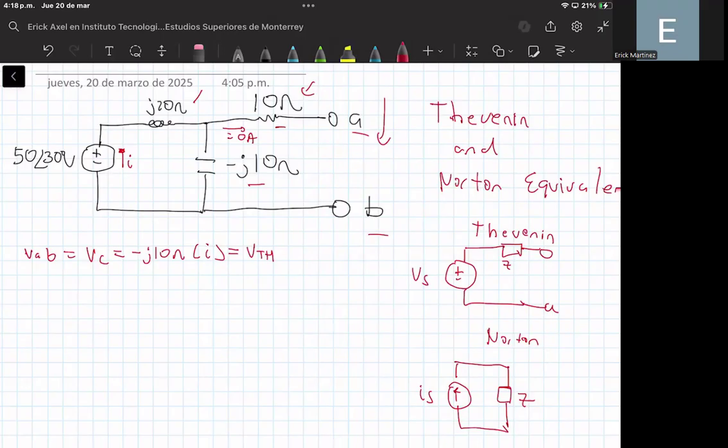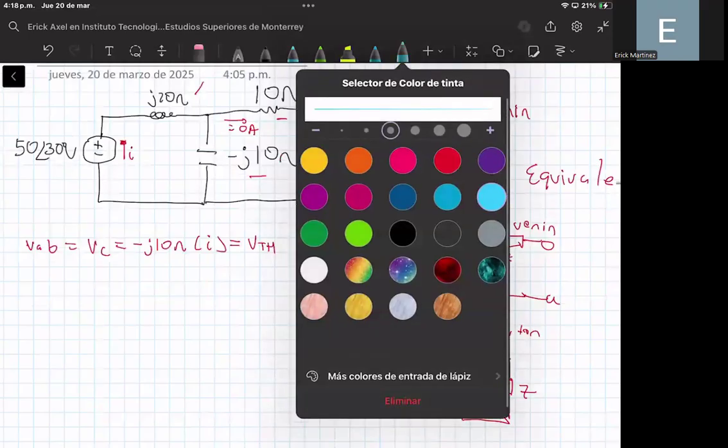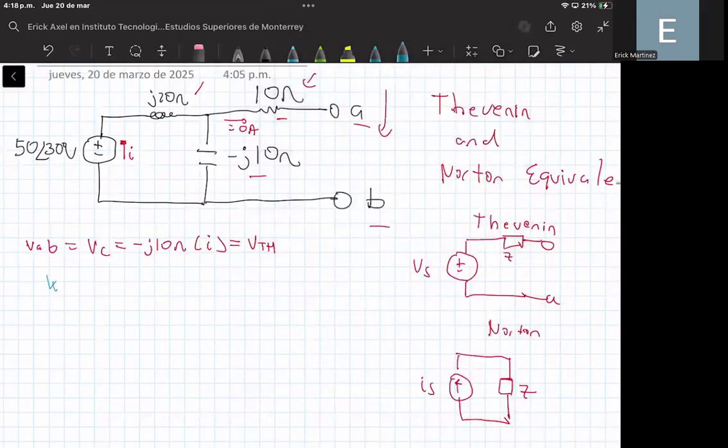Okay, now we can apply the Kirchhoff voltage law to this loop. Okay, so we can say that the Kirchhoff voltage law is minus 50 with an angle of 30 degrees volts, plus we have the voltage drop in the inductor, that is J times 20 ohms times the current I, plus the voltage drop in the capacitor, okay?